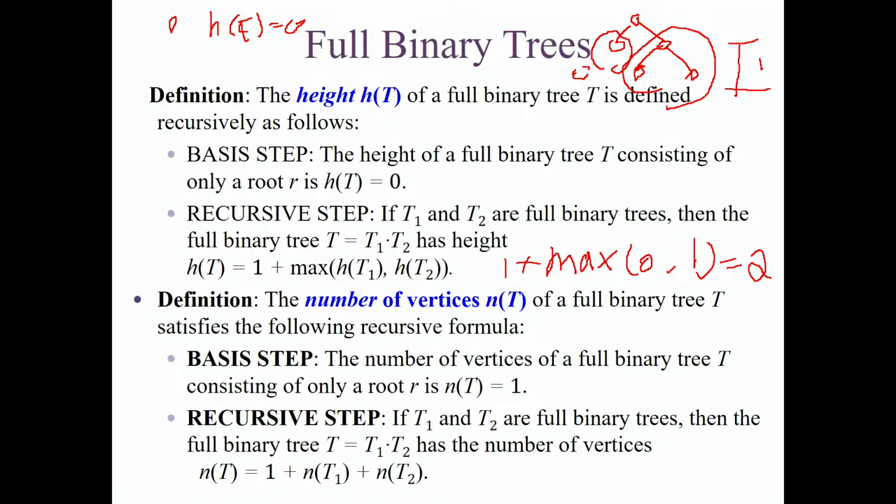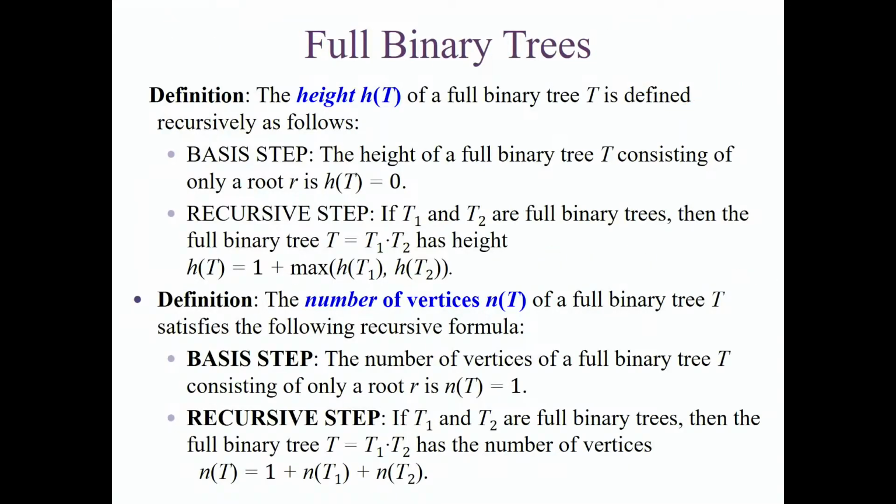Okay, so let me give you another example. This is height 0. This is height 1. This is height 2. Because we consider the height, this is height 1 because we have only one branch of subtrees, and this is height 2.